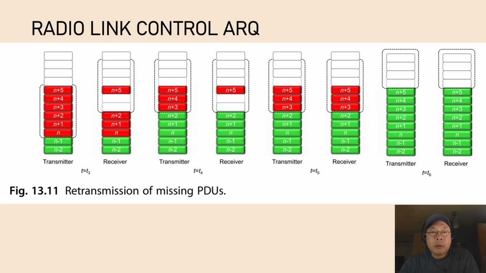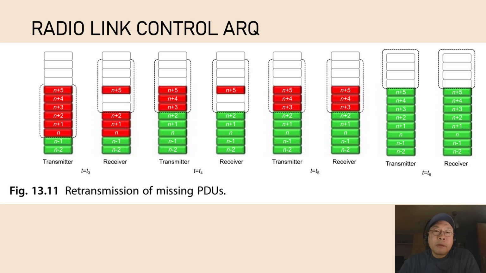missing PDUs. Upon receiving the status report at time T5, the transmitter advances the transmission window and retransmits PDUs N+3 and N+4. These retransmissions are correctly received, and by time T6, all PDUs have been successfully delivered.